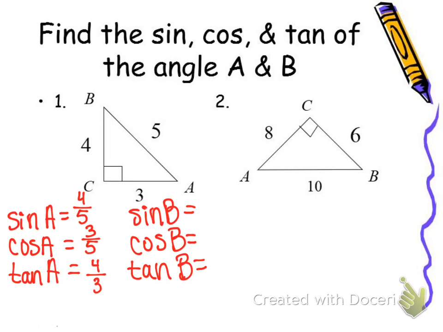All right, what about sine of angle B? Good, 3 over 5. Cosine of B is 4 over 5. And the tangent of B? 3 over 4, good.